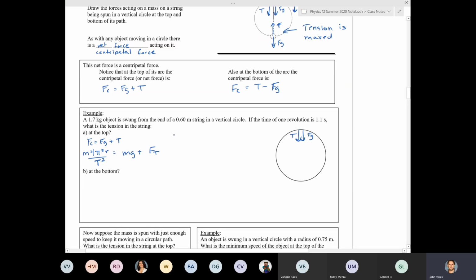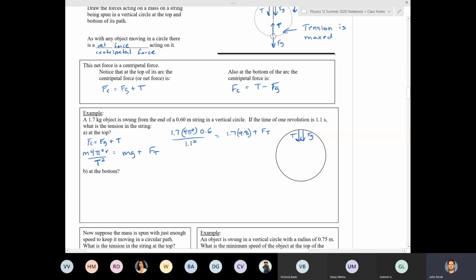Okay, so 1.7 times 4 pi squared times 0.6 over 1.1 squared equals 1.7 times 9.8, that's FG, plus FT. And then we can solve that.